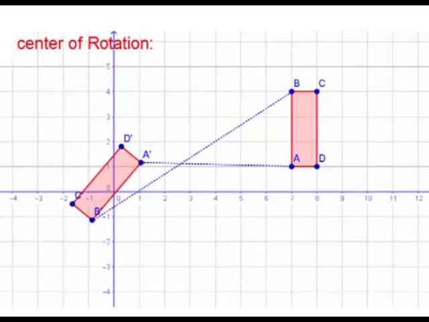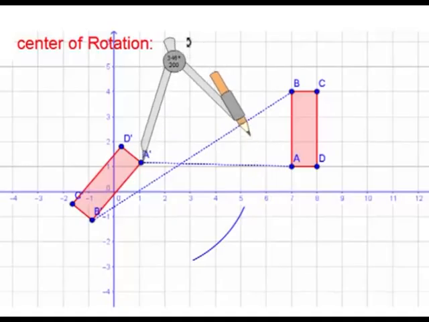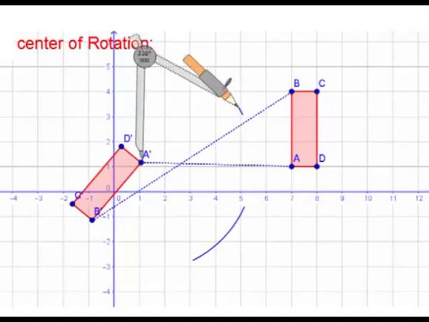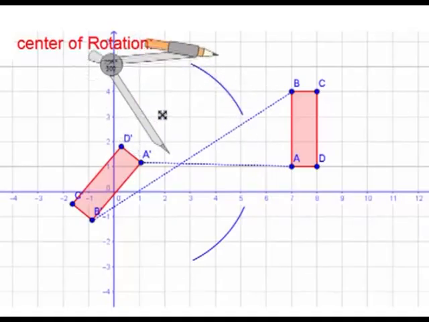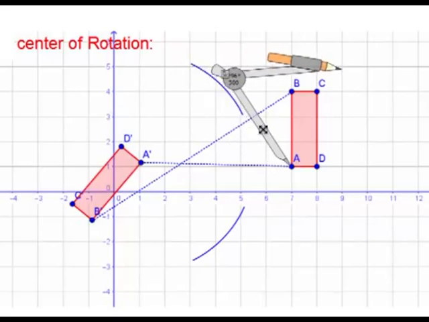Now I get the compass, and I'm going to construct the perpendicular bisector of A prime first. An arc down here, and another one up here. We move to the other vertex.